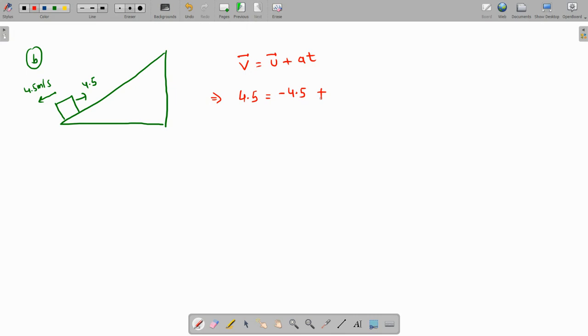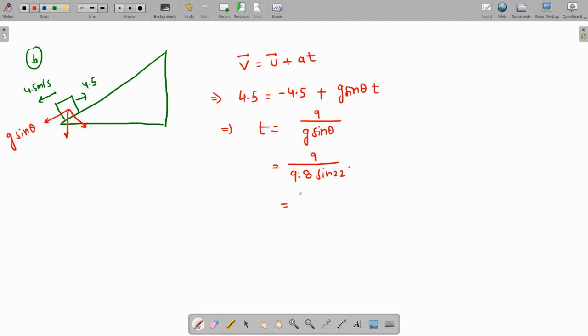Now a is something we need to work on, because the acceleration is only due to gravity. Gravity acts perpendicular, but along the plane it will have a component of g sine theta, which is the acceleration. So g sine theta is what we put here, and this is the time. So time is going to be equal to 9 over g sine theta, where the value of theta is 22 degrees.